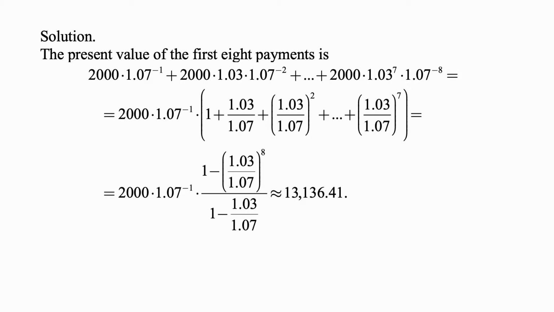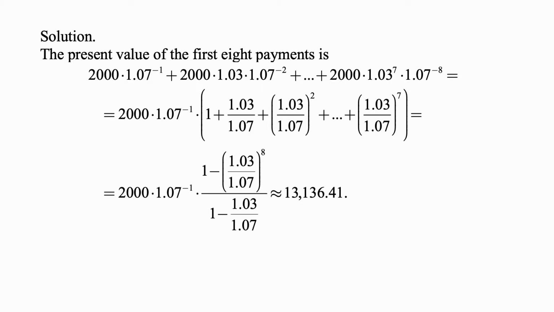So we use the formula for the sum of such a partial sum of a geometric series, and that's equal to 1 minus 1.03 over 1.07 to the 8th, which is a power of 1 more than the 7 over here.